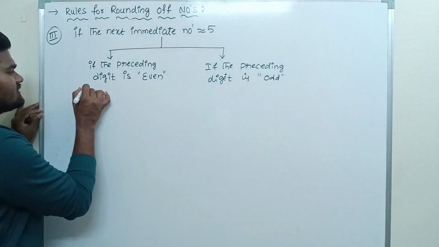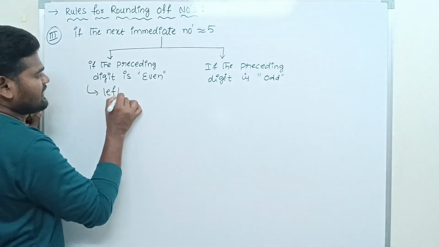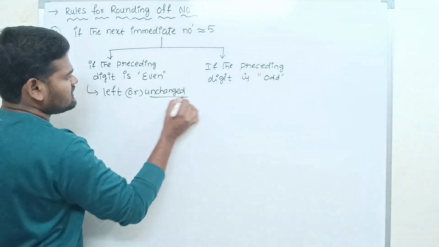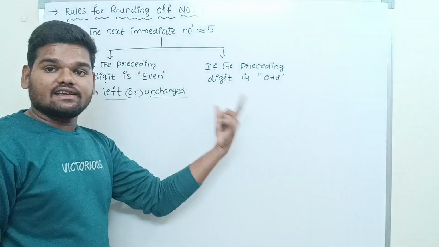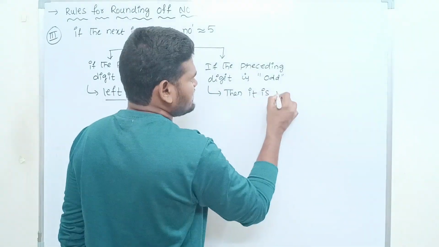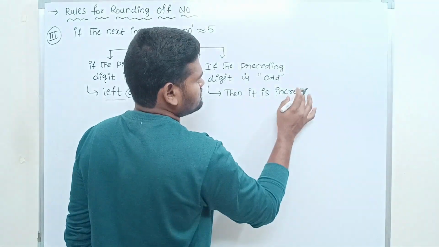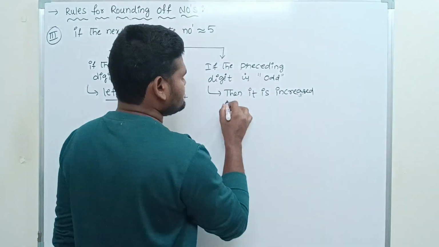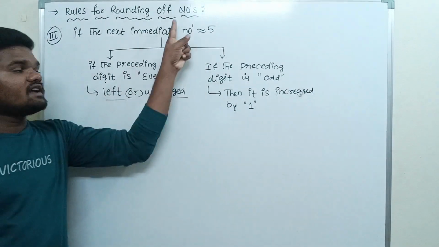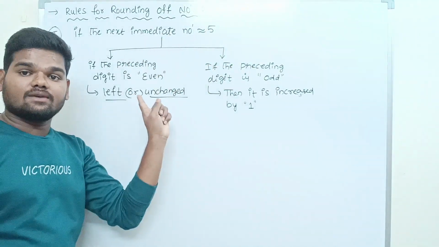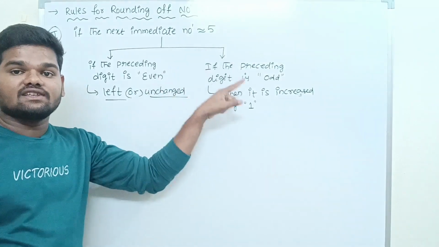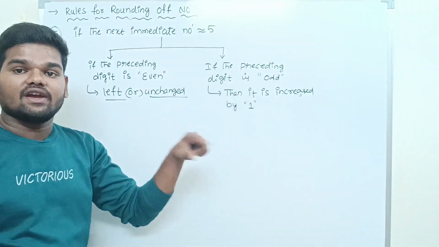If it is even, then it is left unchanged. If the preceding digit is odd, then it is increased by 1. Are you clear? If the next immediate number is equal to 5, we have to check the preceding number. If it is even, it is left unchanged. If it is odd, then it is raised by 1.